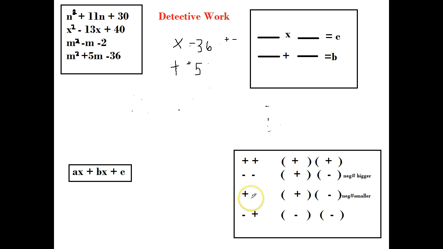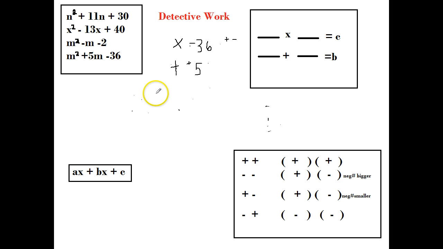And just to spoil the suspense, a positive and a negative end up with a positive and negative where the negative is smaller. Okay, why? Because you have these two numbers, and when you added them, you ended up with a positive. That means the positive was bigger or the negative was smaller, however you want to look at it.